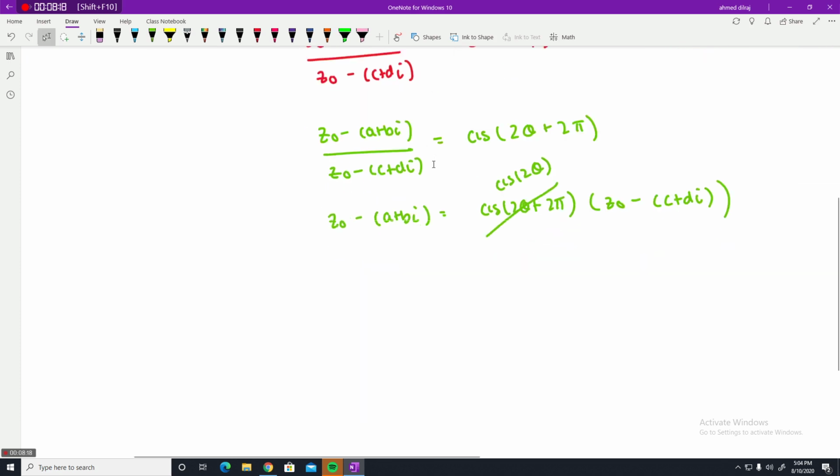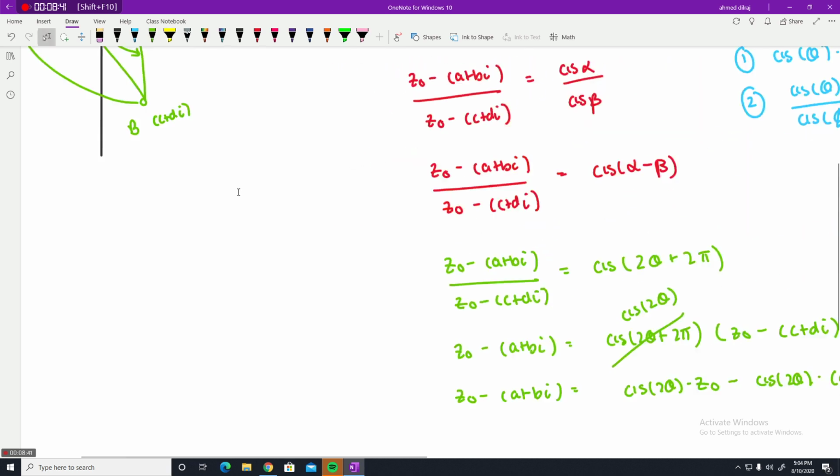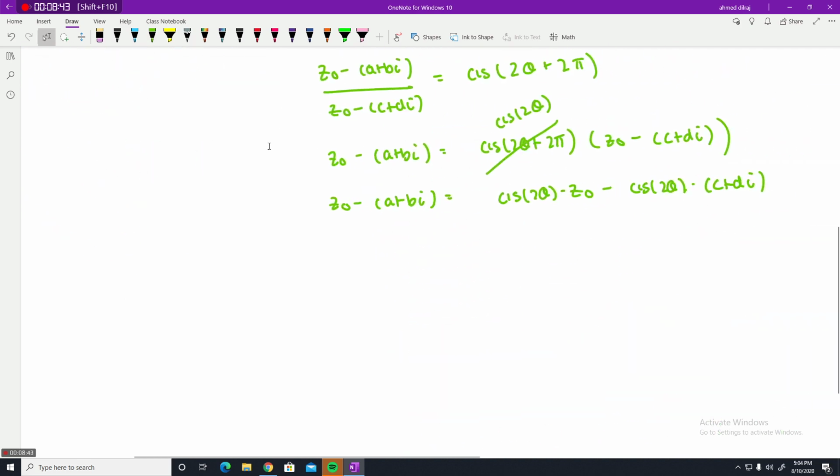Now at this point, I'm going to expand everything. So here, z0 minus a plus bi is equal to cis of 2 theta times z0 minus cis of 2 theta times c plus di. Now I'm going to group all the terms with z0 together, because z0 is the complex number that is the center of our circle, and we're solving for z0.